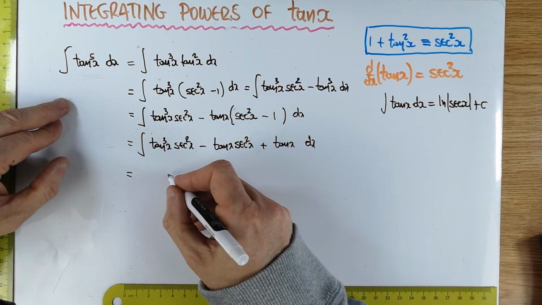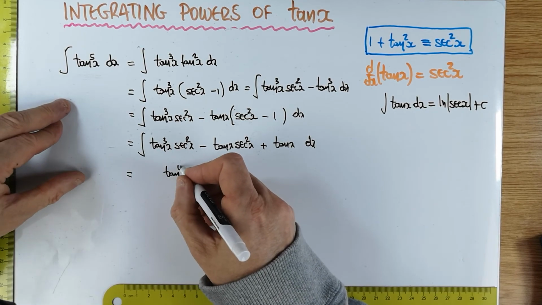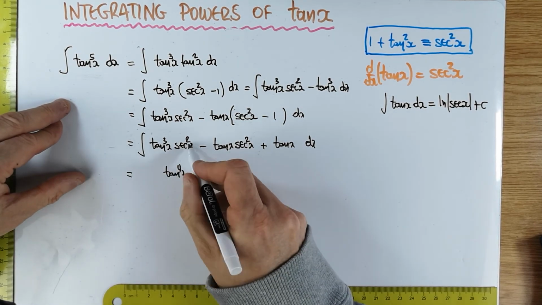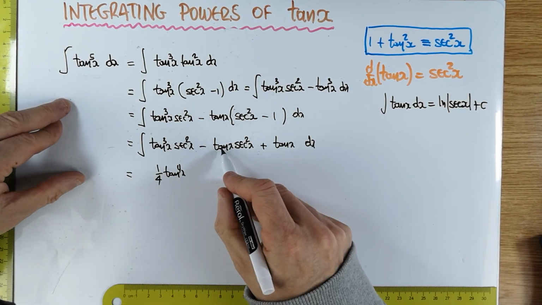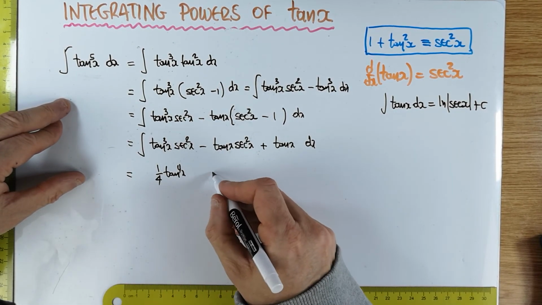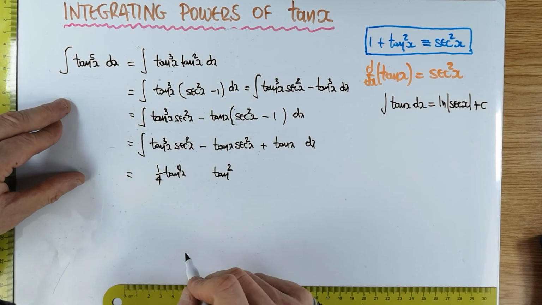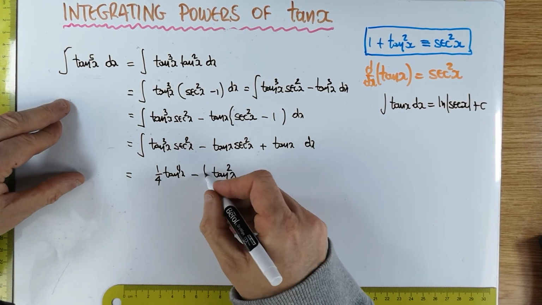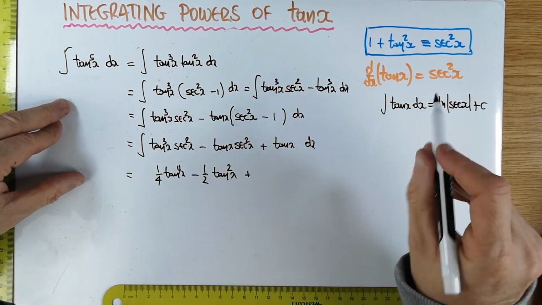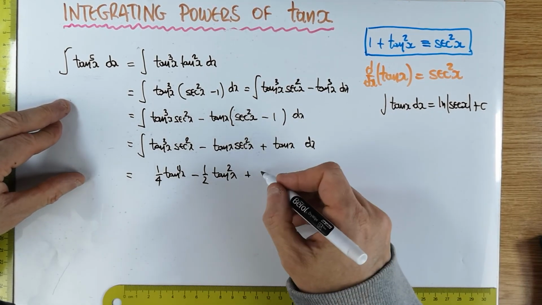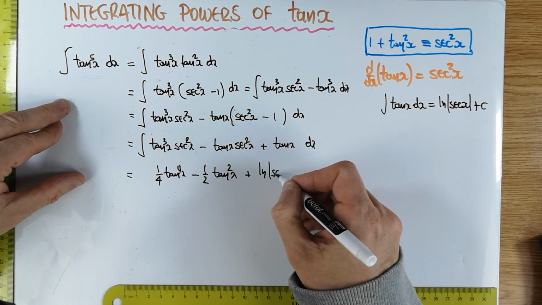To get this, I need to differentiate a tan to the 4. This is the differential of the tan there, sec squared, with a quarter in front of it. This, a tan with a sec squared next to it, that starts from a higher power of tan, so that's a tan squared x with a minus a half in front of it. And to get a tan of x, with the standard result from the formula booklet, is of course log sec x plus c.